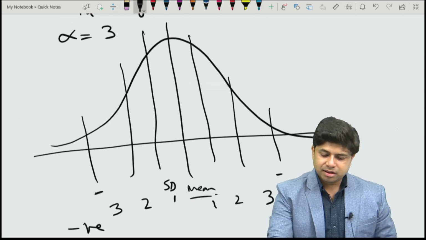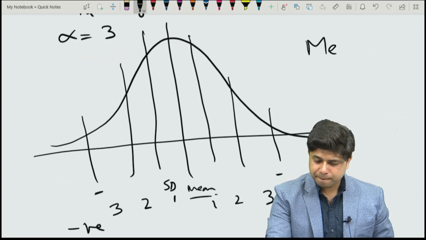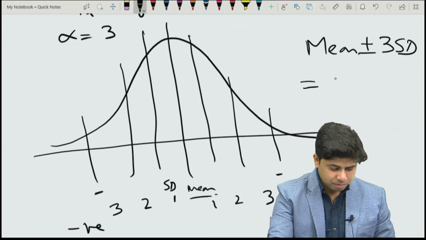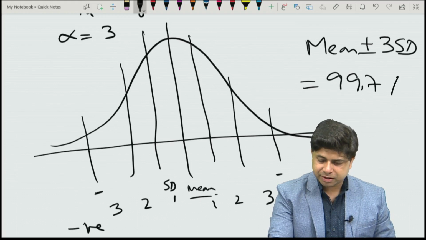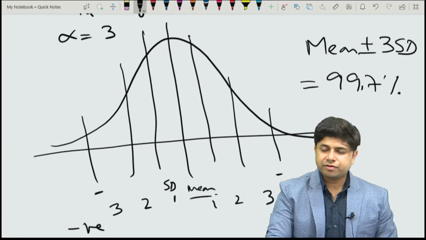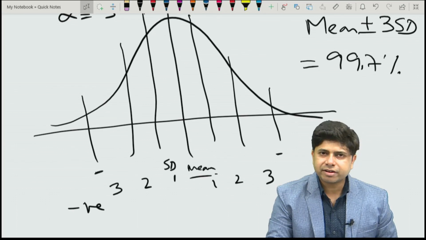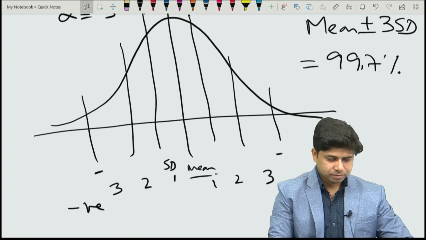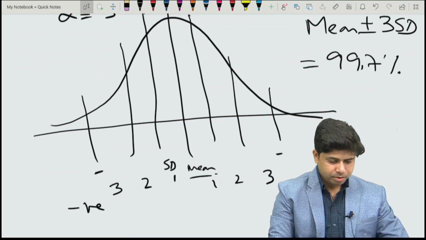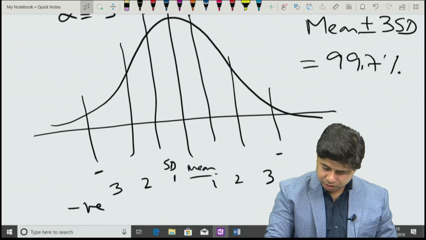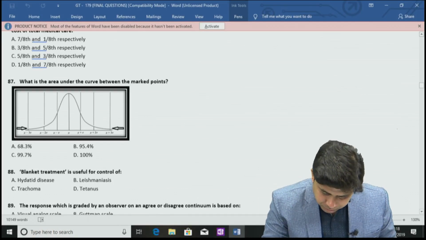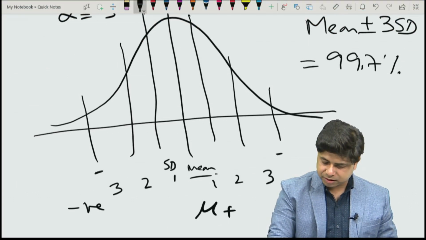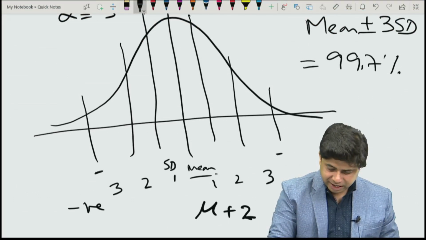So this is a fact that mean plus minus 3 SDs cover how much? 99.7%. It covers 99.7% of the data. So mean plus minus 3, and that was given in the question, mu plus 3 standard deviations.